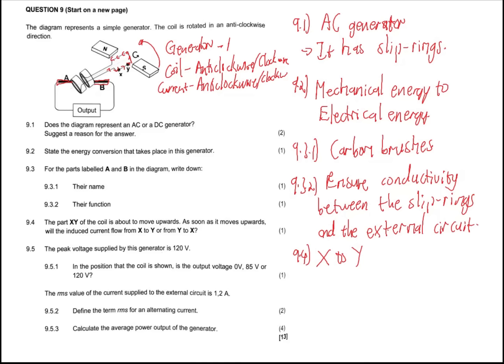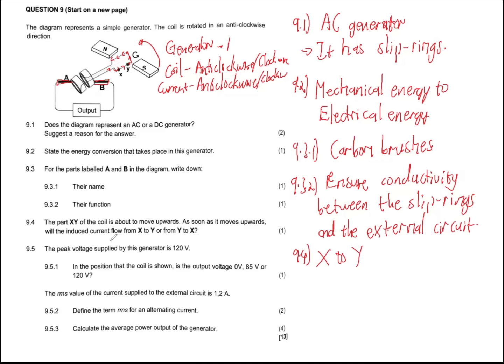Right. So that's what you need to note. But with the motor, that is opposite. If the coil is moving anti-clockwise, then the current is clockwise. And if the coil is clockwise, then the current is anti-clockwise. But that is with the motor. So you will see as we continue with these questions here.